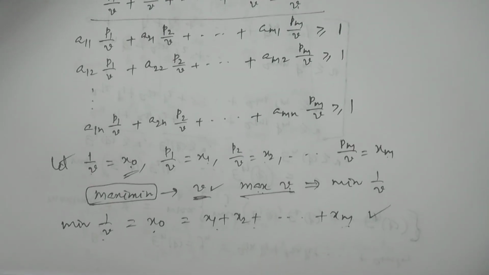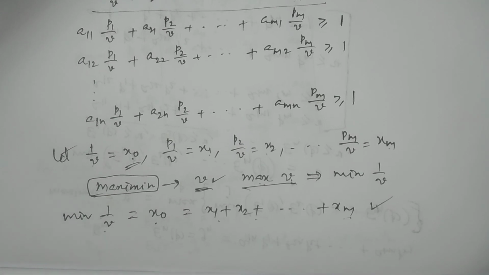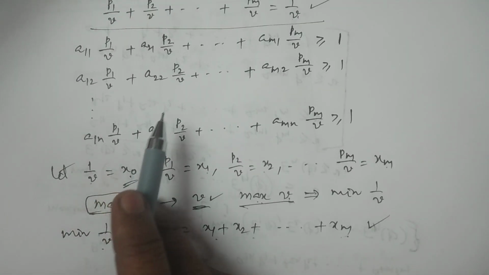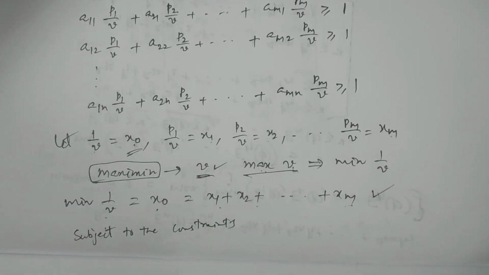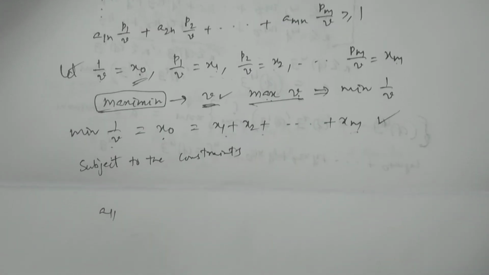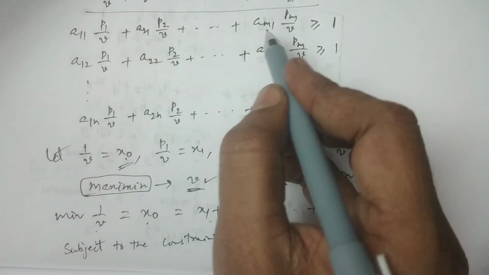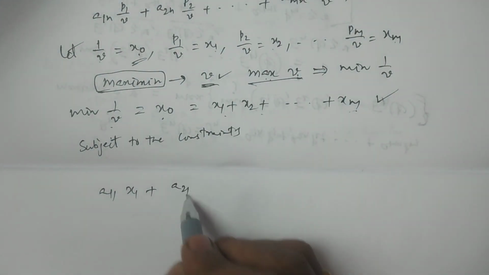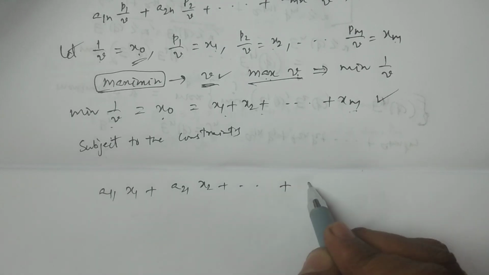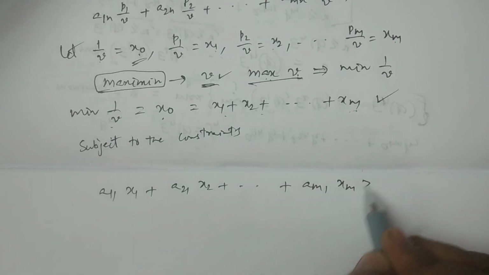Now if you convert all the inequations by considering the constraints, subject to the constraints: A11 x1 plus A21 x2 plus and so on plus AM1 xm is greater than or equal to 1.